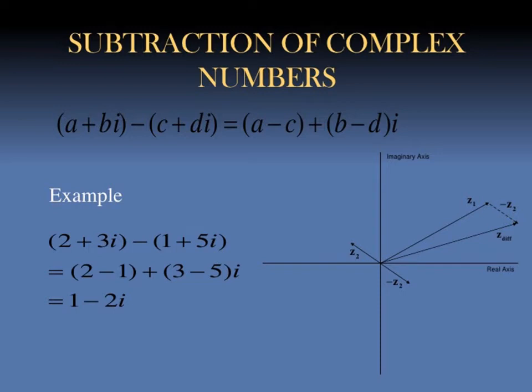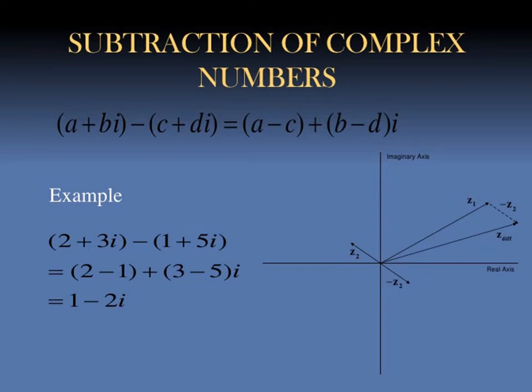When we subtract these two complex numbers, just like the addition of complex numbers, we take the real parts and the imaginary parts of the complex numbers and perform the subtraction, which is the fundamental property, on these numbers.